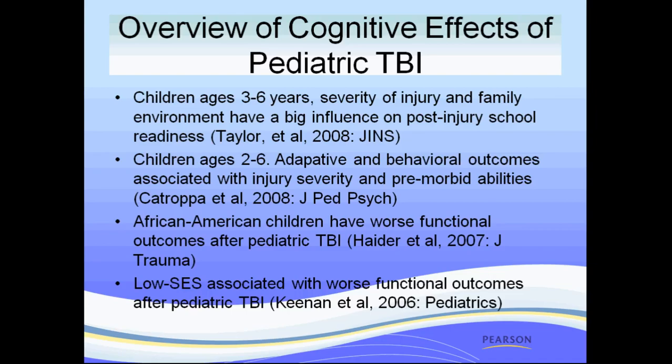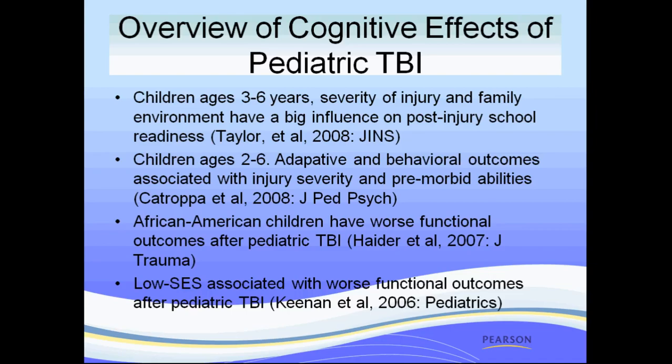Another study showed that in children who had injuries at ages 2 to 6, their adaptive and behavioral outcomes were associated, again, with injury severity and also their premorbid abilities. So if you had kids who were delayed, they continued to be delayed. If you had kids who were further along in their adaptive skills, they tended to be ahead of the kids who were delayed initially within the same severity group.